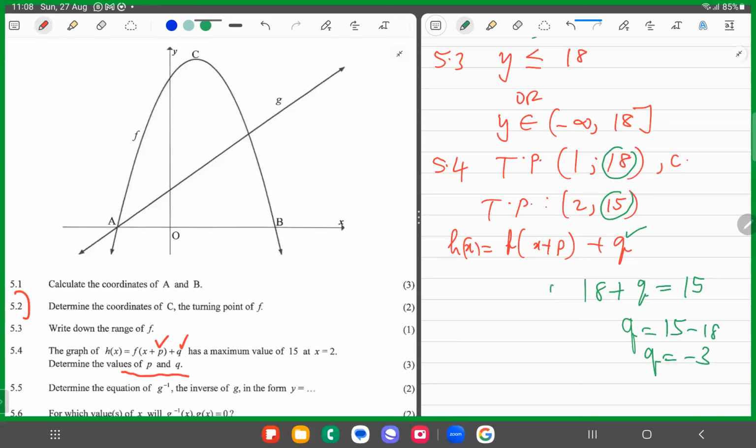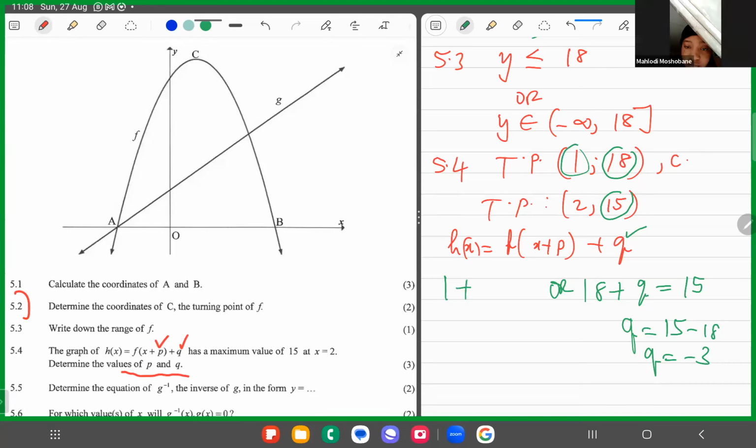Okay, now we have this. So we dealt with the q. Now we are saying the x value was what? The x value was 1, and then we added something to it, and the result became 2. What did we add to it?